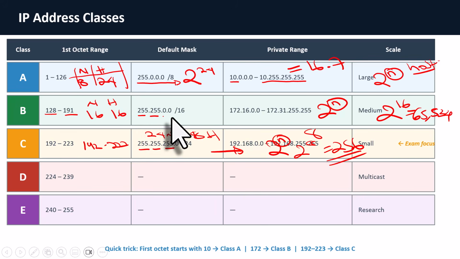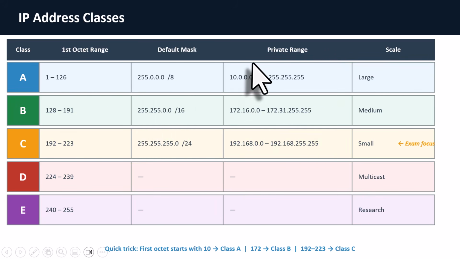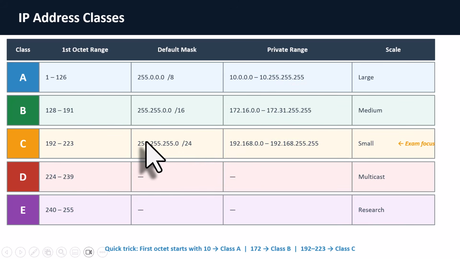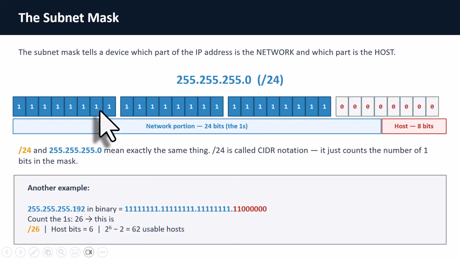As network engineers, it is important for you to understand and remember these network ranges for class A, class B, and class C, especially if you're going to do classful addressing, as we shall discuss later on. Now, another important thing we need to talk about is the subnet mask.